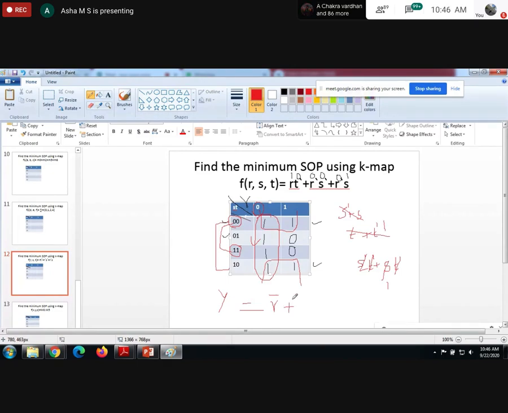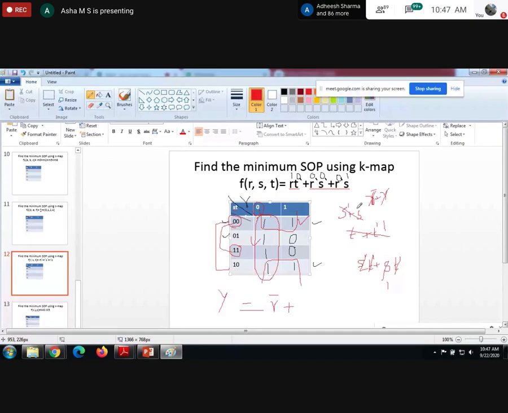Plus, next I will be writing for this quad. When you are writing this quad, you will get the R value, both 0 and 1, which is R bar plus R. Even this will get cancelled.